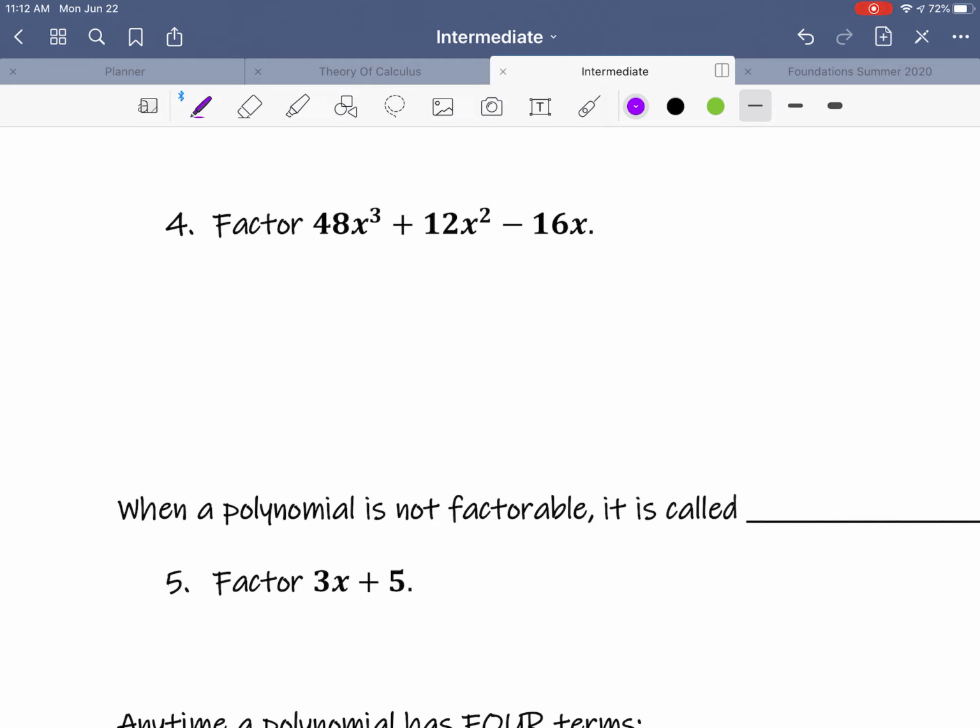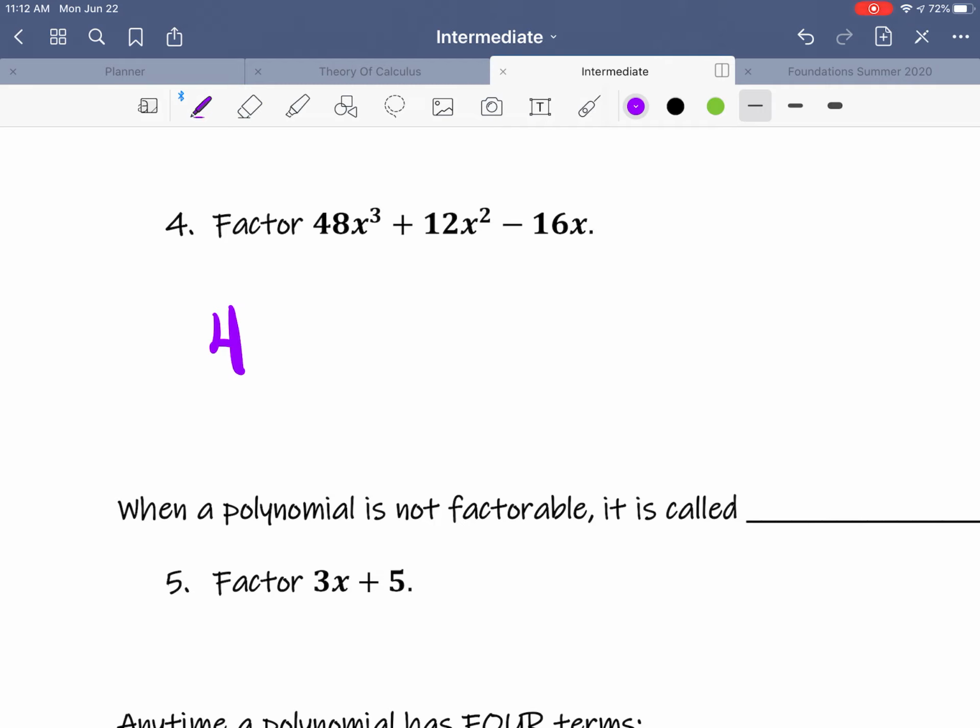Not 3. Ooh, what about 4? Do they all divide by 4? Yes, they do. What about 8? Do they all divide by 8? No, they don't. So 4 it is. I'm going to pull a 4 out here.